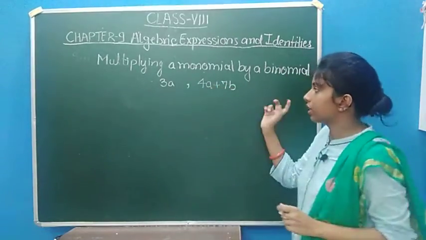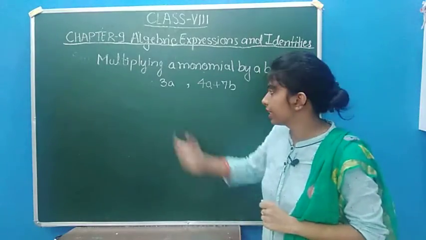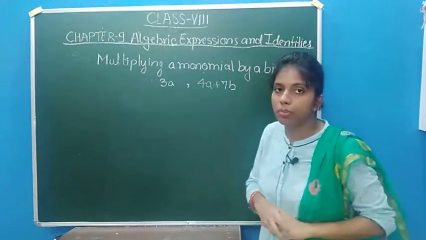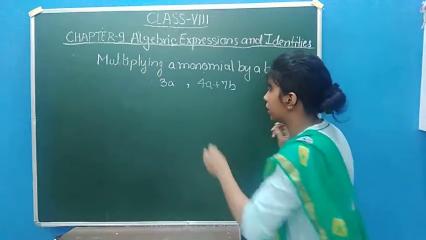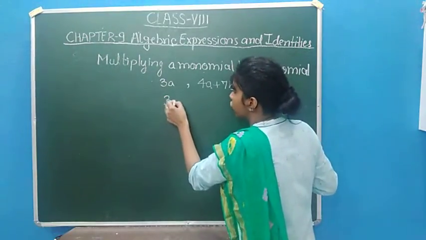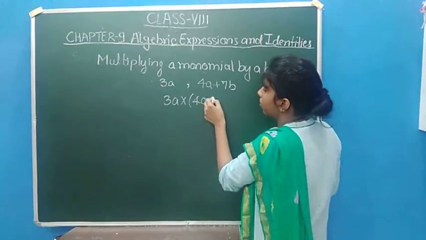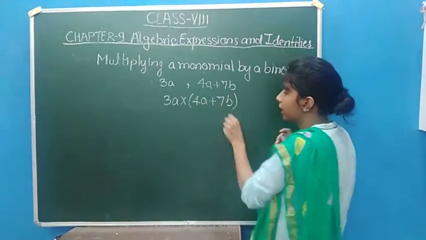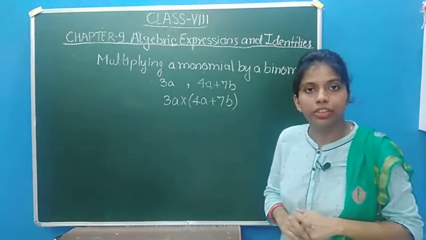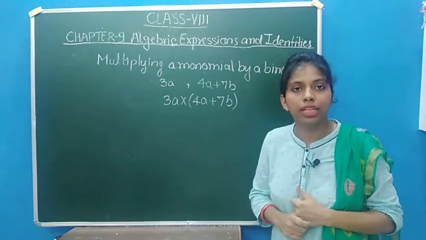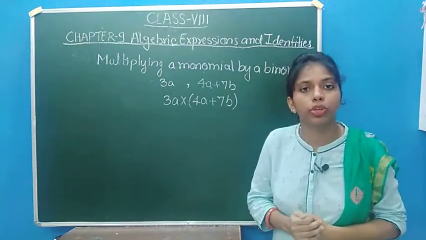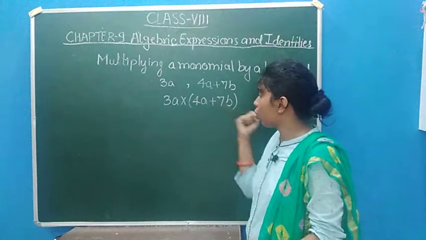These are the two expressions, monomial and binomial. We want to multiply them. So let's multiply 3a into 4a plus 7b. As I already told you, we do the multiplication the same way as the distributive property. So we have to open this bracket.